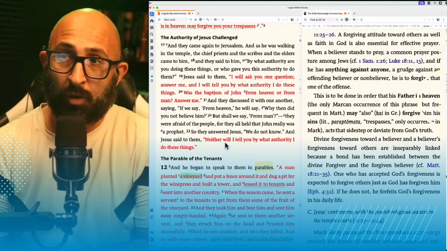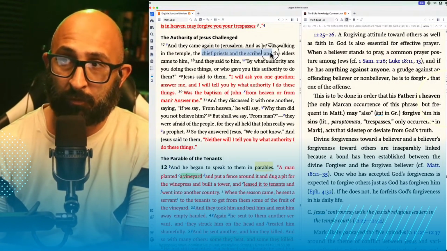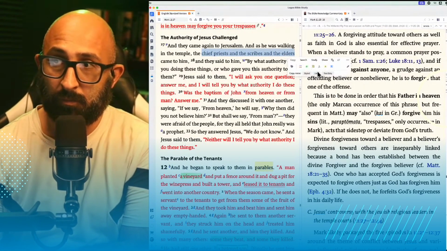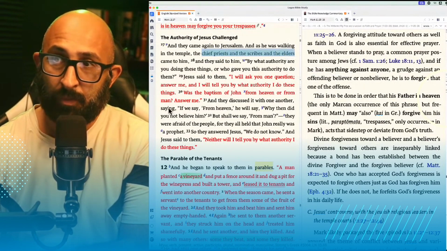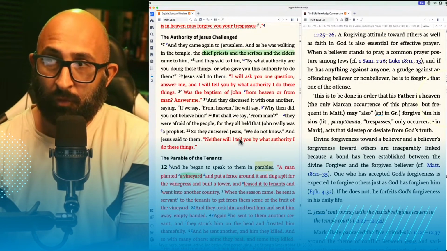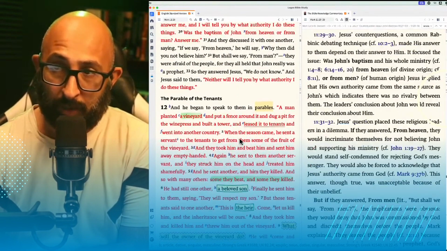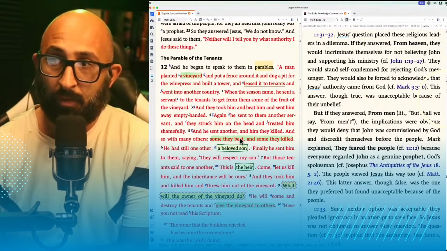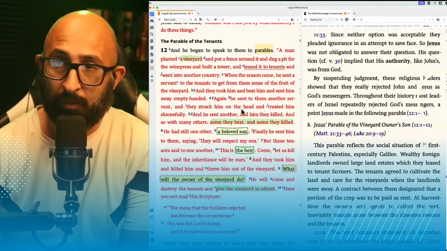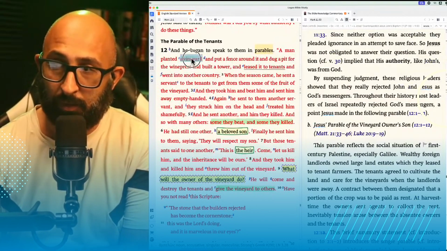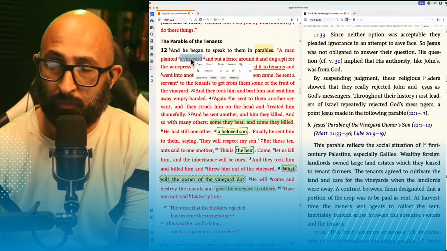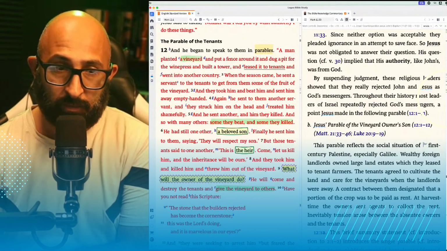The people he's speaking to are these people, the chief priests, the scribes, and the elders. Okay? So he knows, they know he's talking about them. So how do they know he's talking about them? Well, this word for vineyard is very interesting. It's very interesting that Jesus uses a vineyard as an example here.